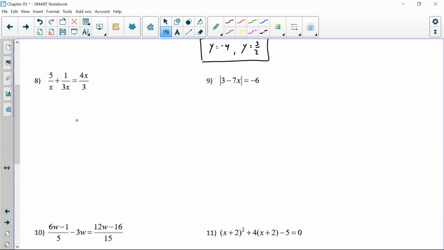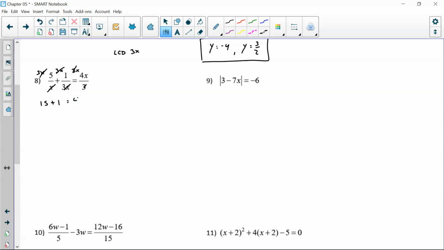Problem number 8. Get rid of the fractions, multiply everything by the LCD, which in this case is 3x. 3x once, twice, 3 times, all 3 terms. So what happens is the 3x on top, x on the bottom, the x's cancel. It's just 3 times 5, which is 15. 3x on top, 3x on the bottom, they cancel. Plus 1 equals 3 on top, 3 on the bottom, they cancel out.